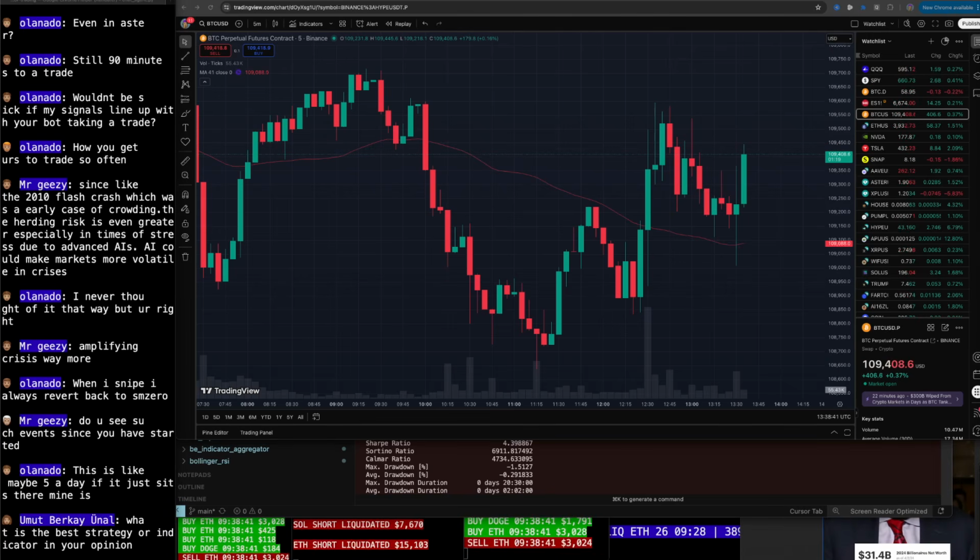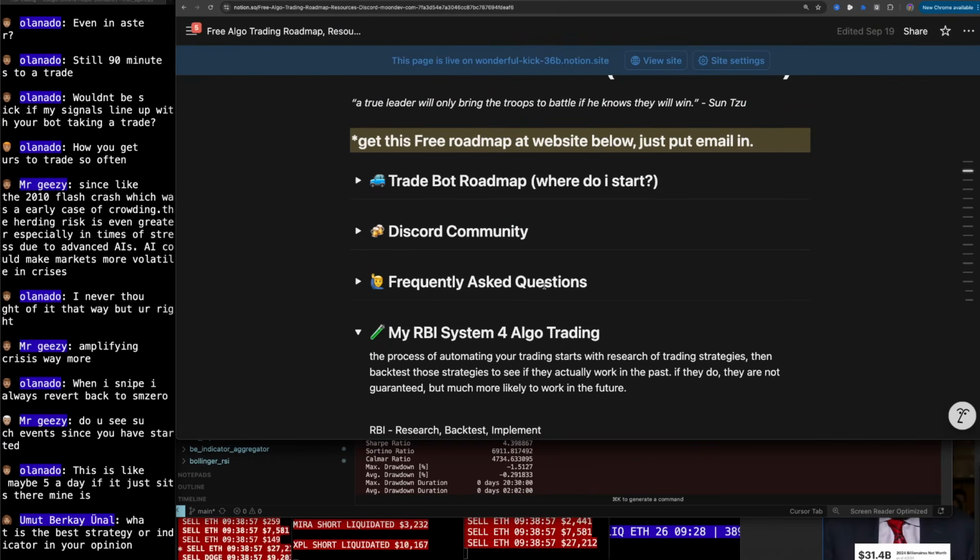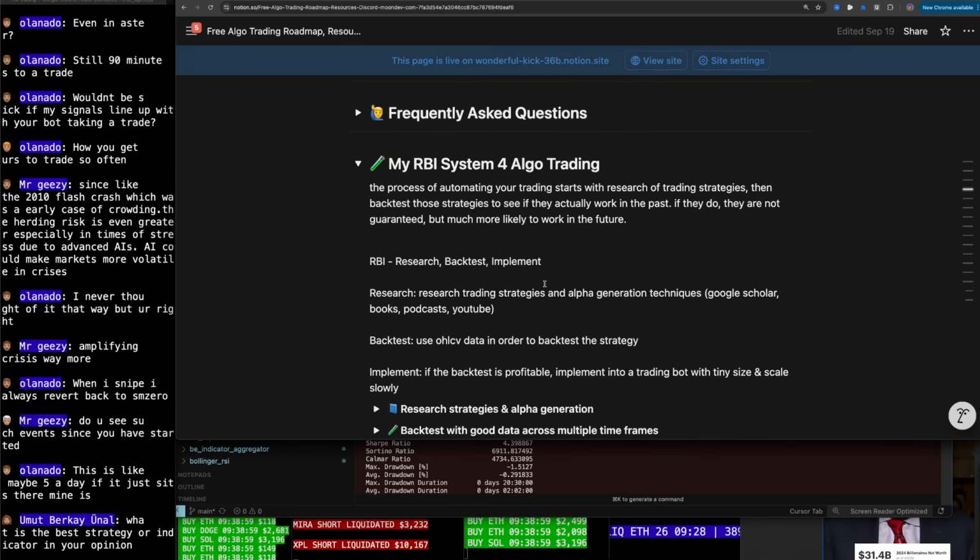Can't really give you direction on indicators or strategies, but I can give you a framework of how I find everything. This is my framework, the RBI system. The process of automating your trading starts with researching trading strategies, then seeing if those strategies worked in the past. If they work in the past, they're much more likely to work in the future.